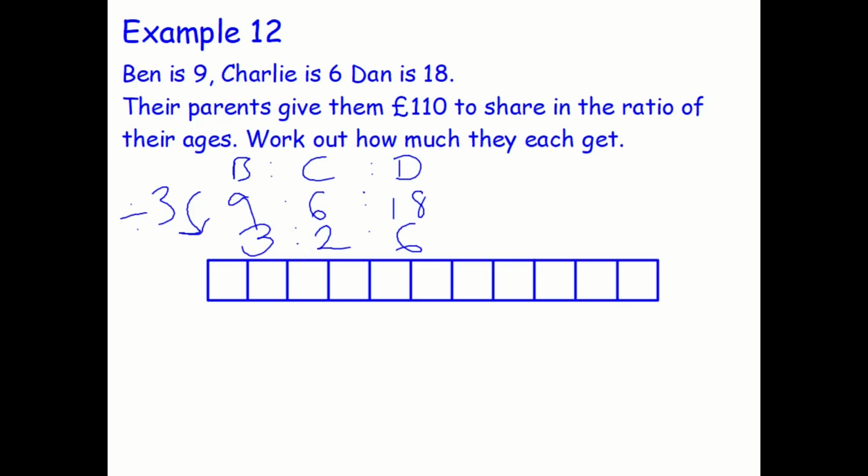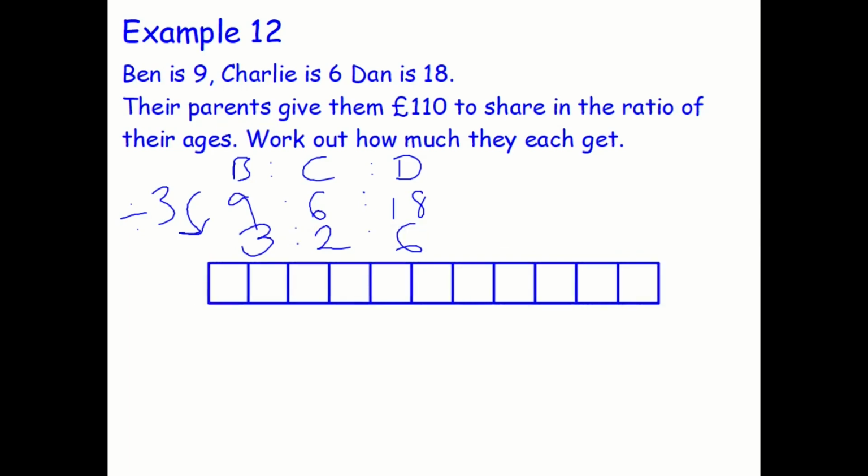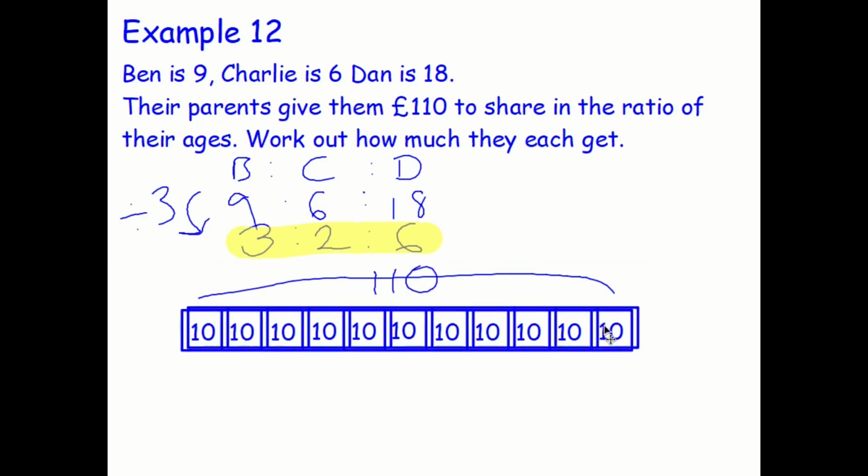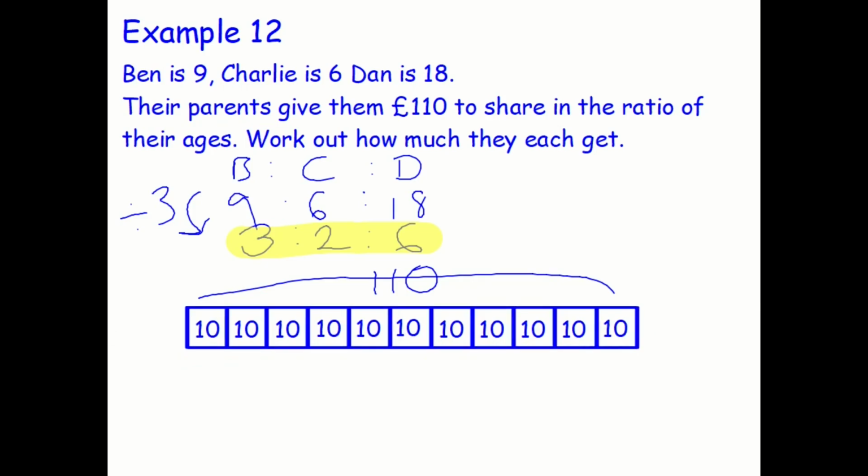which of course adds to give 11. Hence, I've got 11 boxes. So you can see that those ratios there add together to give 11, and I'm dividing 110 equally between 11 boxes, which means I'm going to get 10 in each box.